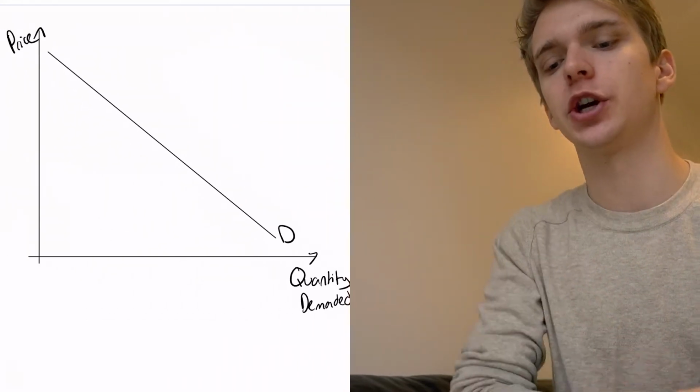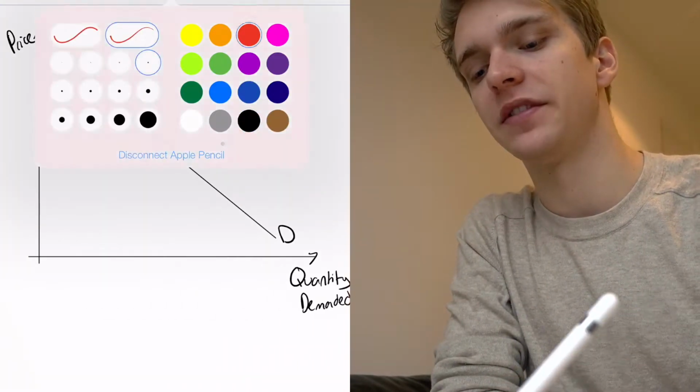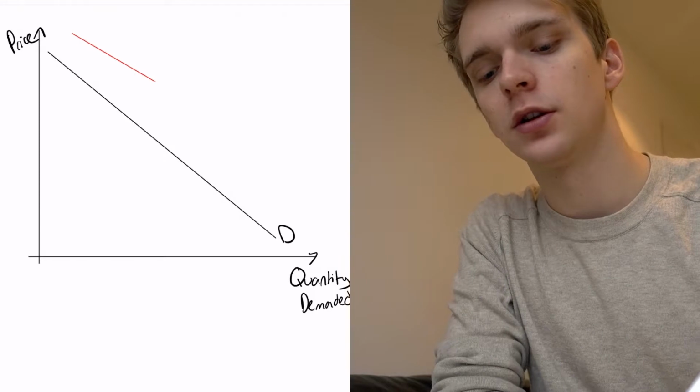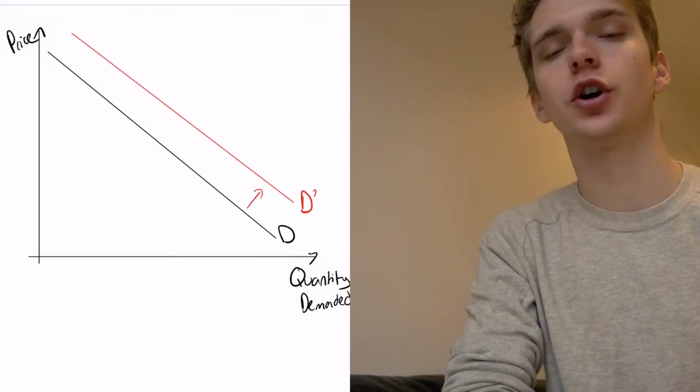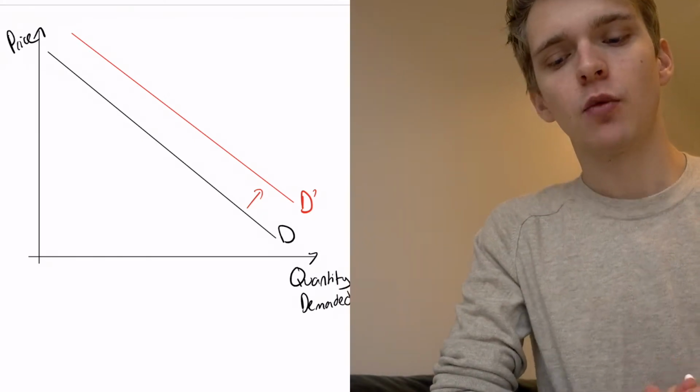Next up is understanding what the non-price determinants of demand are. Now this is just a fancy way of saying what are the factors that will cause the demand curve to shift outwards or inwards. Now, what does a shift in the demand curve really show? Suppose the demand curve shifts outwards to somewhere like here. So we go from this black demand curve to the red demand curve. What does that imply?